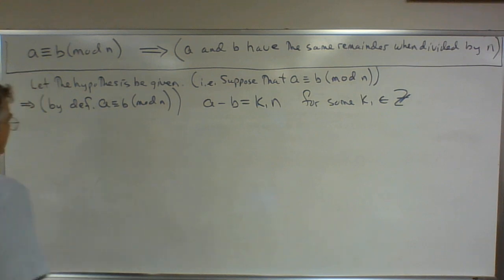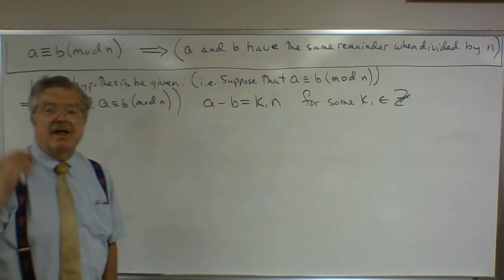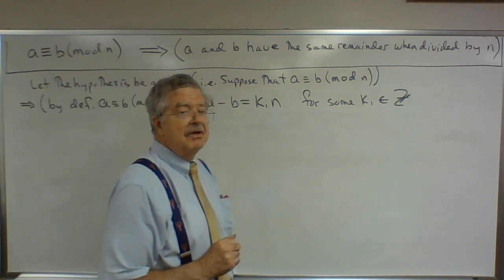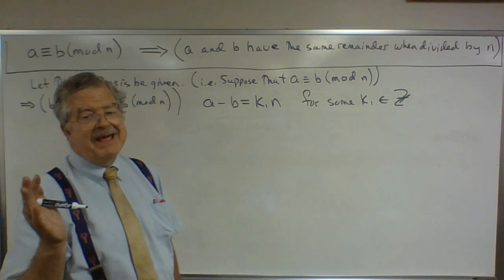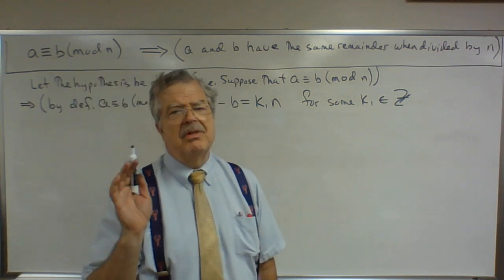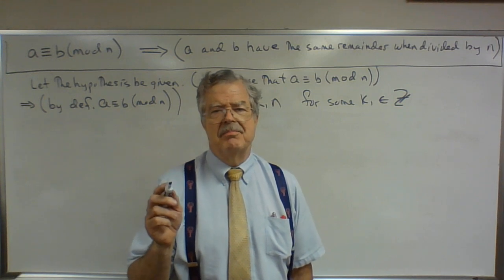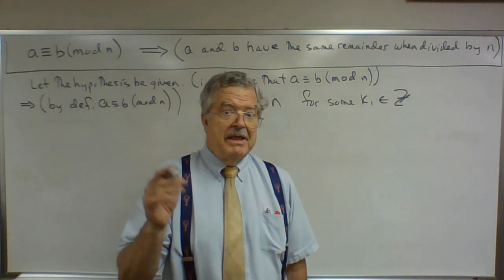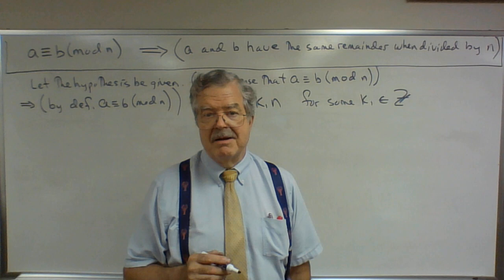I don't know what else to do right now, so I'm just going to poke and prod. The division algorithm applies to all integers, including A and B. So I'm going to apply the division algorithm to B. It may yield something fruitful, it may not.